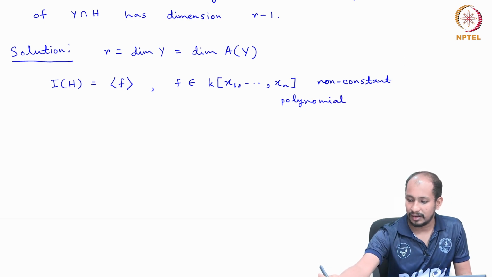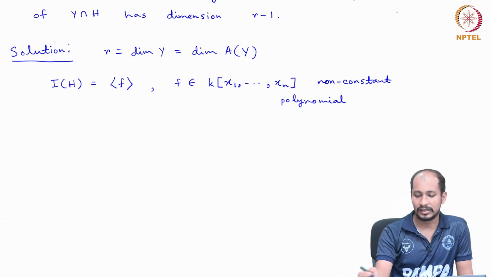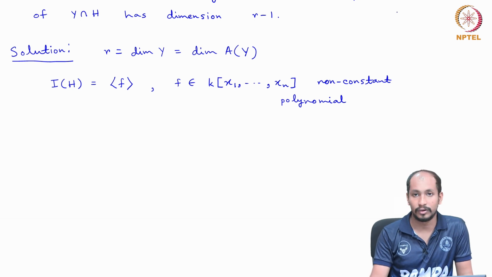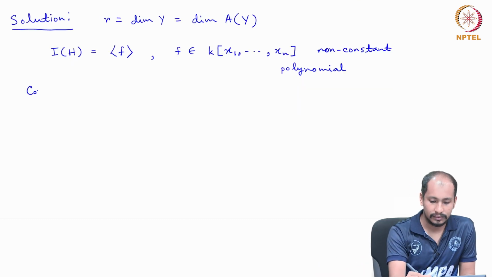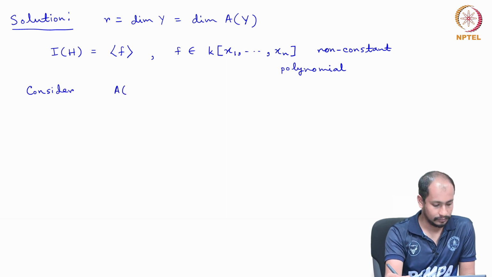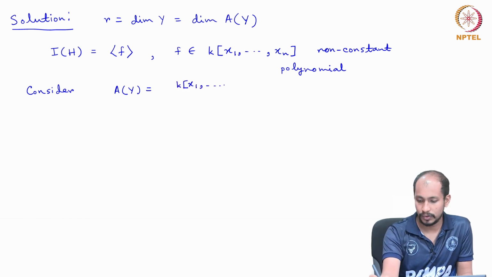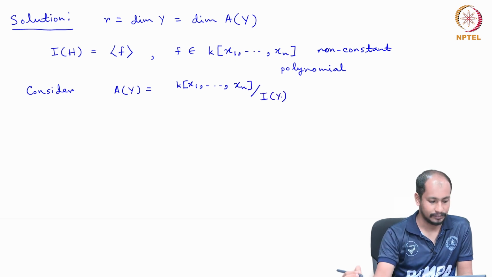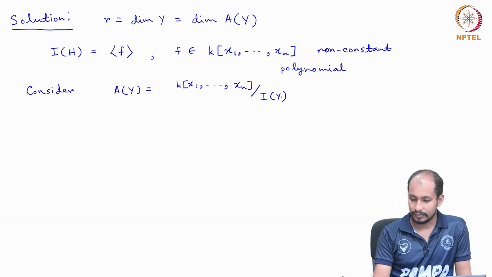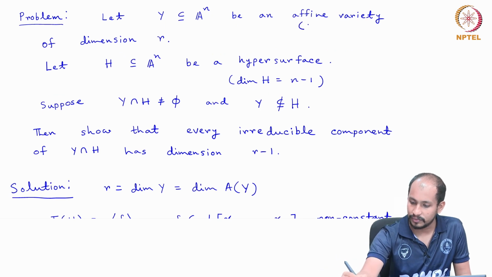If we assume that H, this hypersurface, is irreducible, then we can say that this F is an irreducible polynomial. Anyway, now consider A(Y) equals k[x1, ..., xn] modulo the ideal of Y. Because it is an affine variety, we are assuming that this is irreducible.